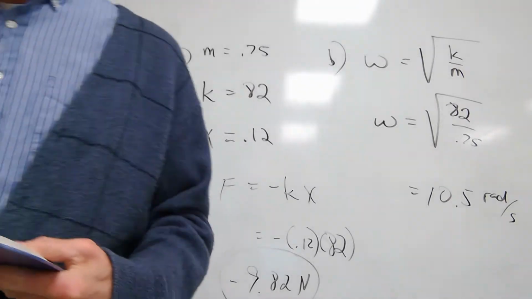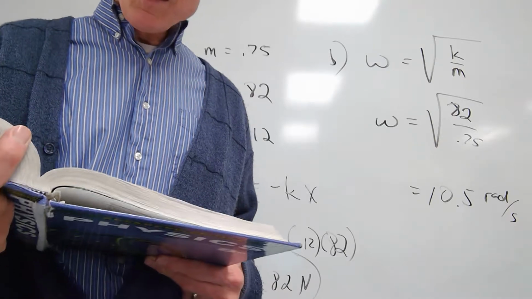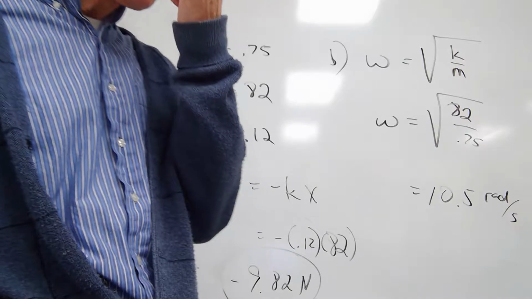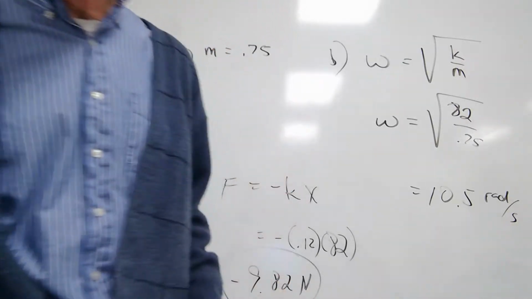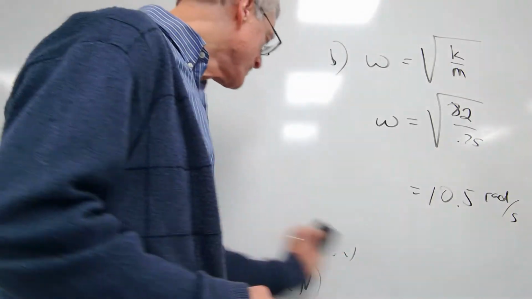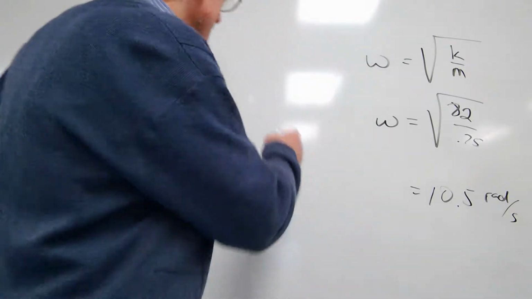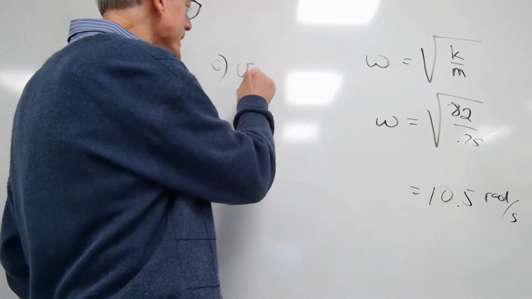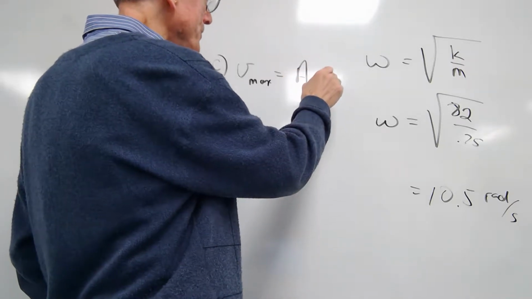Part C asks the question, what is the maximum speed of the block? For maximum speed, you could use energy methods here, where K max is equal to U max. But I think easier would be if you remember that we learned this equation where the maximum speed is equal to A times omega.